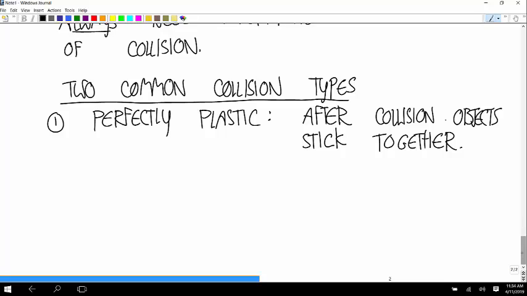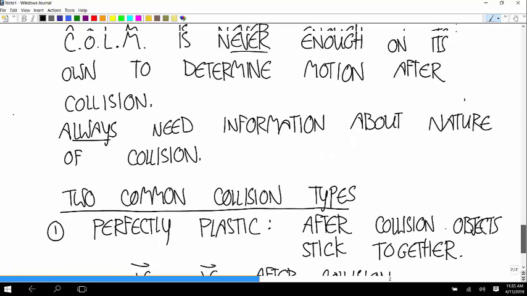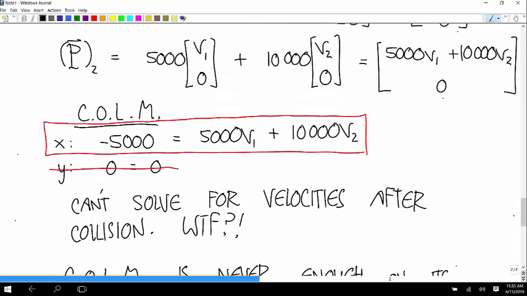And so that means that the velocity of object 1 is equal to the velocity of object 2, because they're moving as a single unit. Notice that would be enough information to figure out what these train cars do.